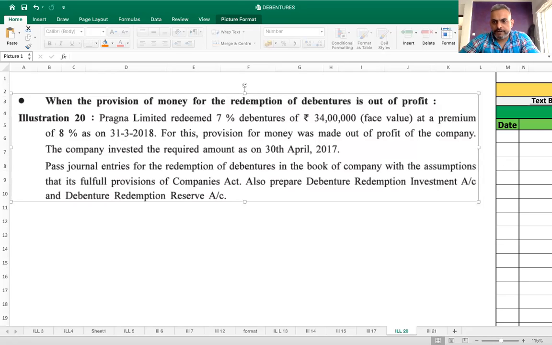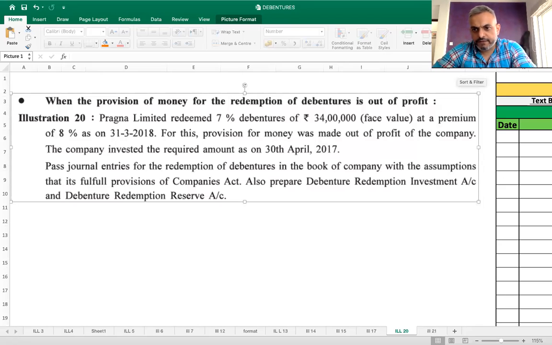Okay, so today we will be doing sums of redemption of debenture, where this redemption is done out of profit. Over here, we have to see the provisions for redemption of debenture out of profit, and that is almost the same as it was out of capital.